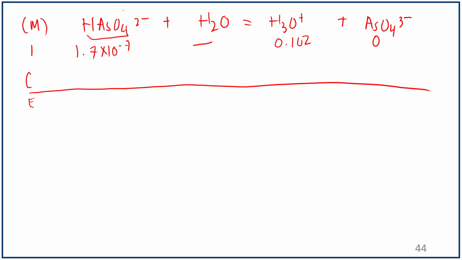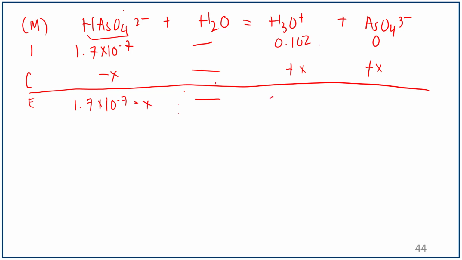Now again, this value of 0.102 for hydronium just means that if the second dissociation did not contribute much to the concentration of hydronium, neither does the third dissociation. Then this one should be minus x at equilibrium, plus x, then this should be 1.7 times 10 to the negative 7 minus x.